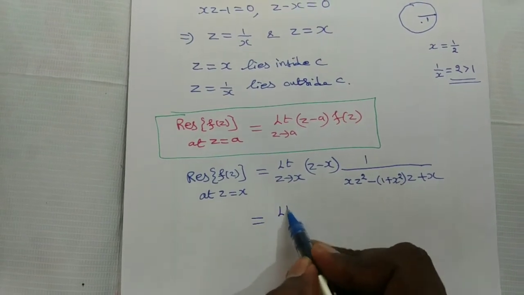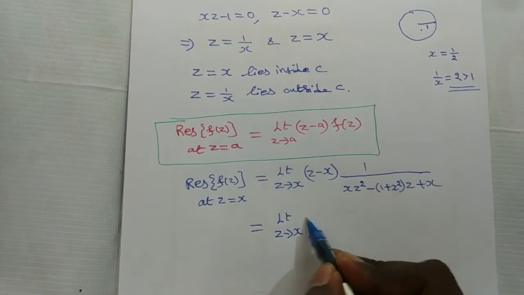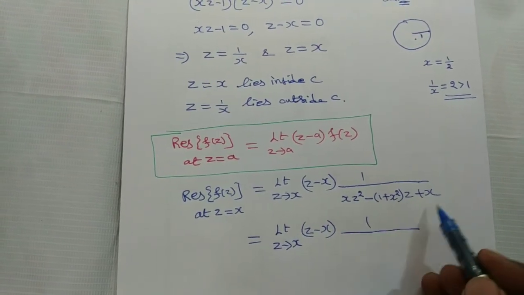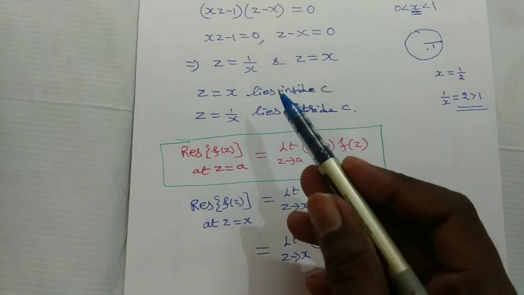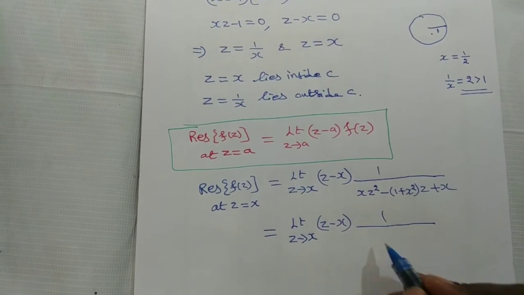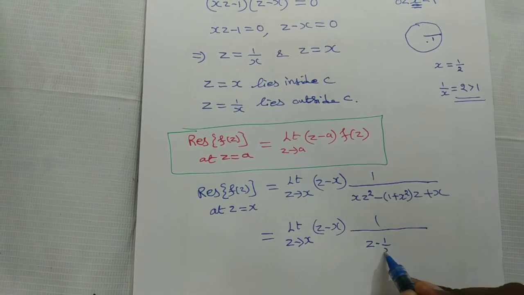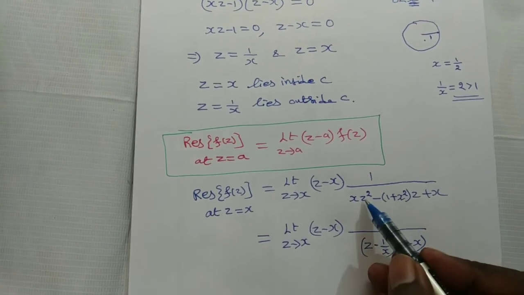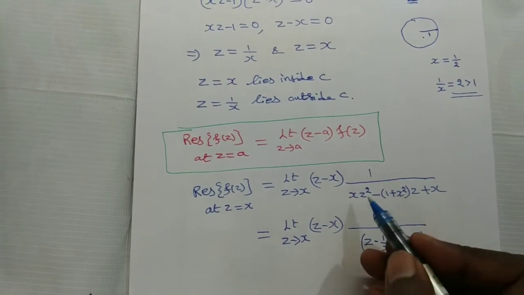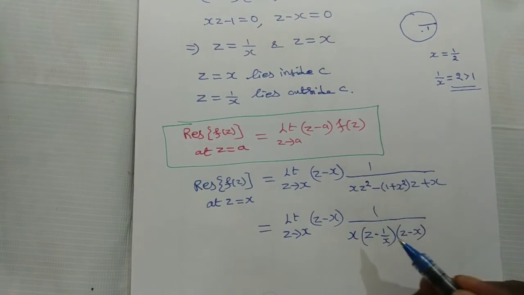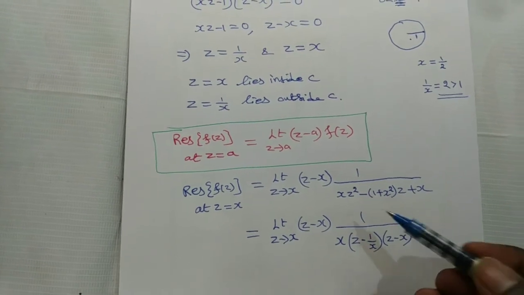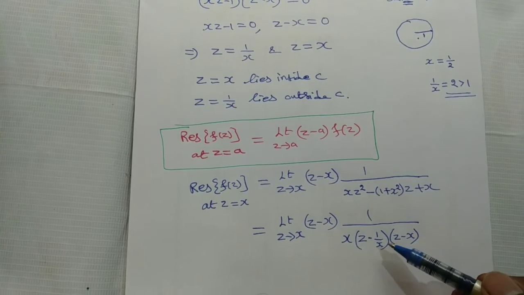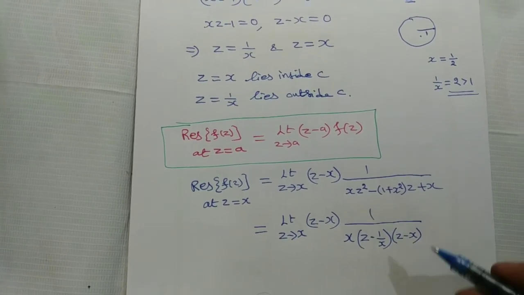So the limit as z tends to x of (z − x) times 1 over this quadratic, which has two roots, 1/x and x, so it can be written as x(z − 1/x)(z − x). The coefficient of z² is x, so you must write this x outside, as we discussed in the previous problem. Then the roots can be written as z − 1/x and z − x. This is the procedure.